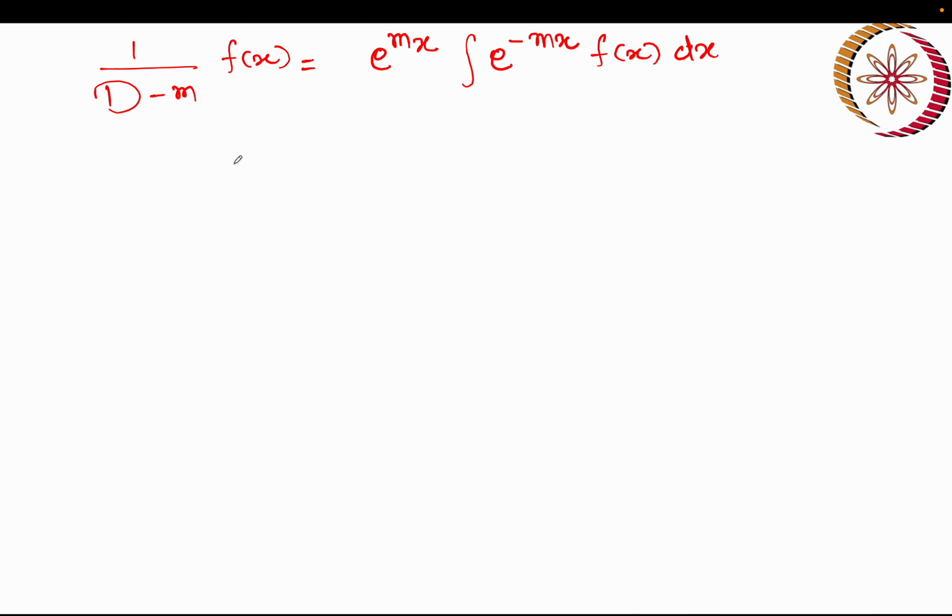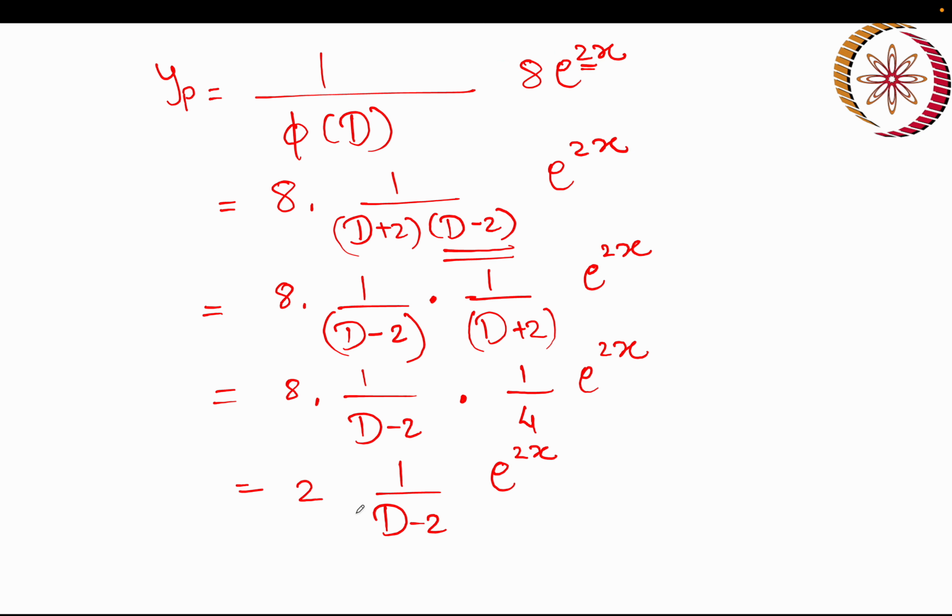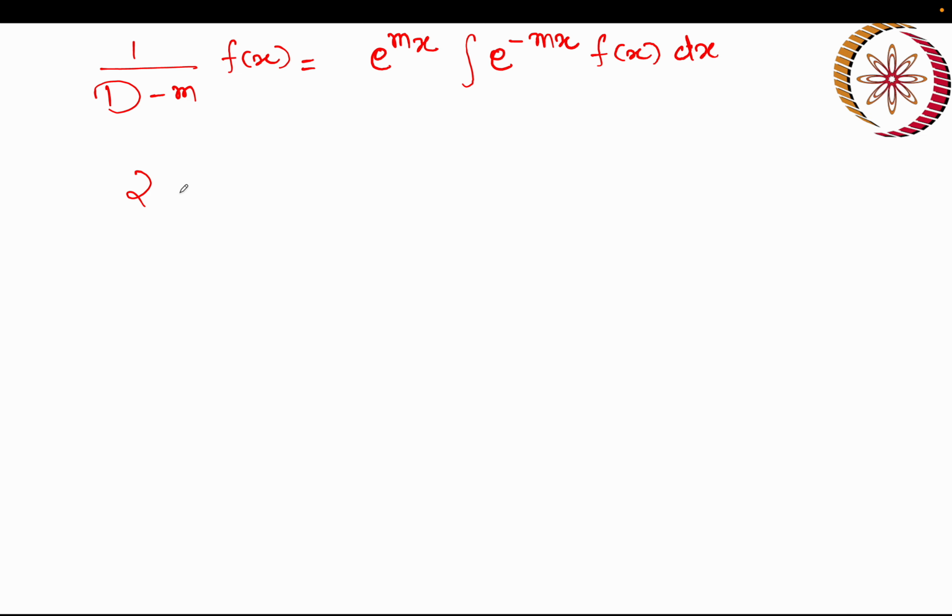Okay, so we'll use the same equation here and try to solve this. So what we have is 2 times 1 upon D minus 2 on e raised to 2x.